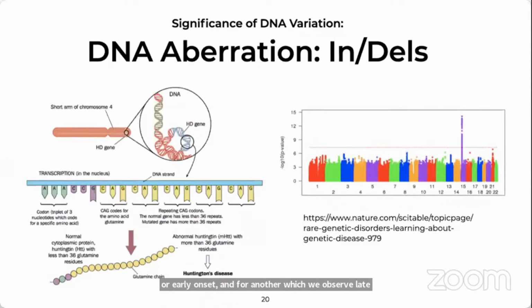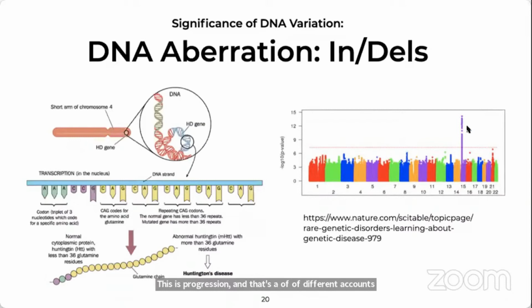That is associated with chromosome 15, where we have abnormal copy number variations of a specific gene, and that results in slower disease progression, a different mechanism of disease progression.